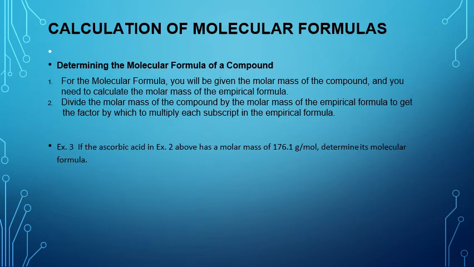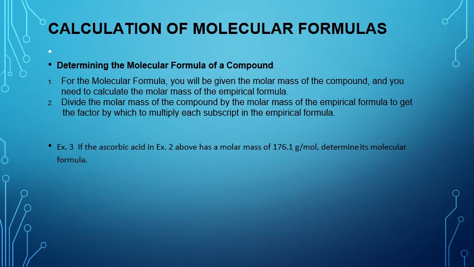So now we're going to look at the calculation to determine the molecular formula. The molecular formula for the compound is, again, some whole number multiple of the empirical formula. You should never get a fraction involved in this process. It should always be a whole number. For the molecular formula, you'll typically be given the molar mass of the compound, and you will need to calculate the molar mass of the empirical formula.